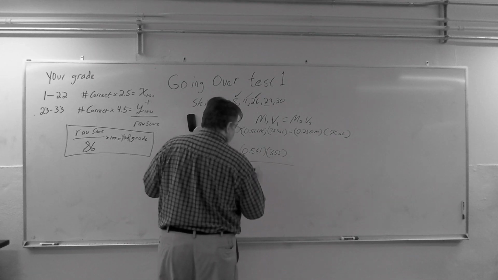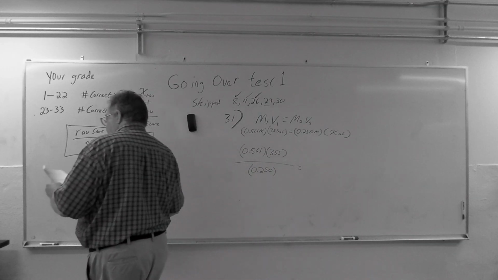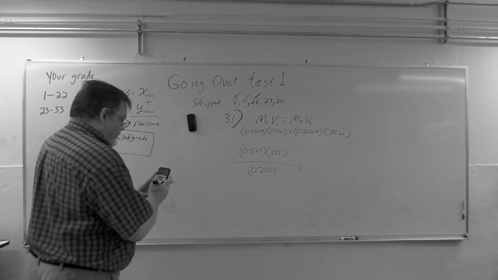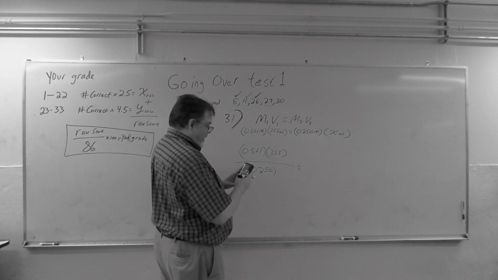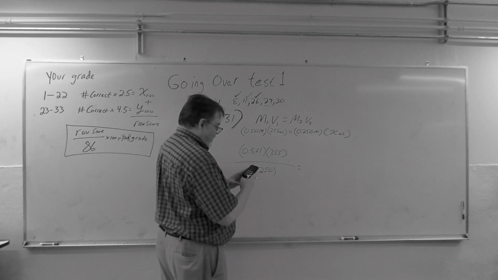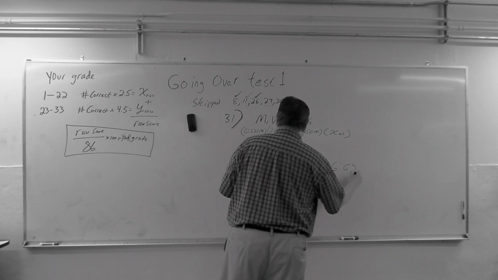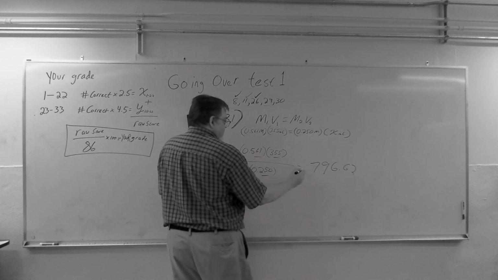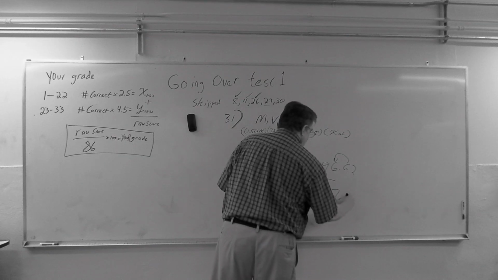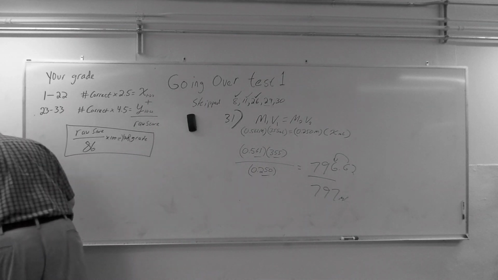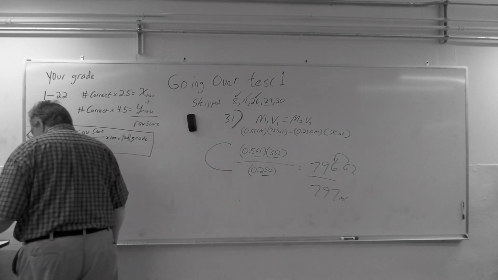I'm just doing it without units. 0.561 times 355 divided by 0.250. 797, so we need 3 significant figures, the 6 rounds to 7, so 797 milliliters. Answer is C.